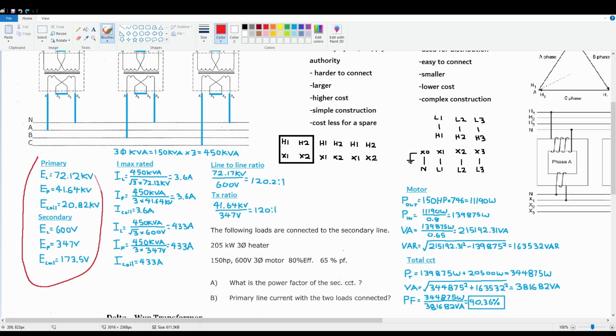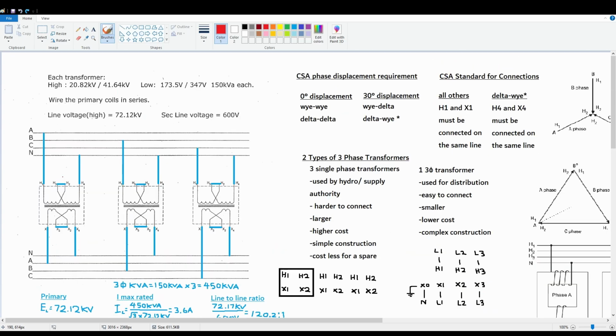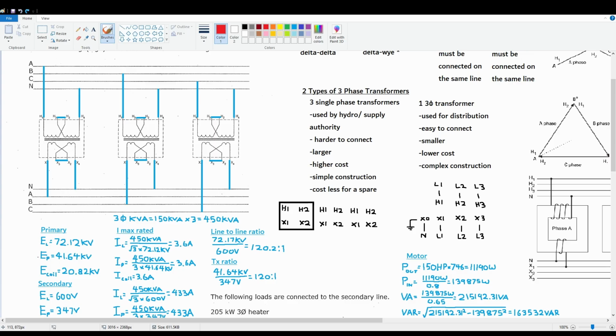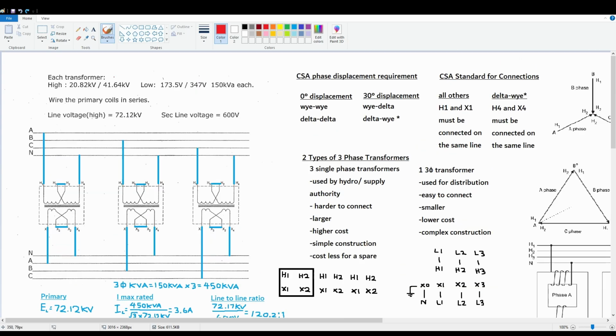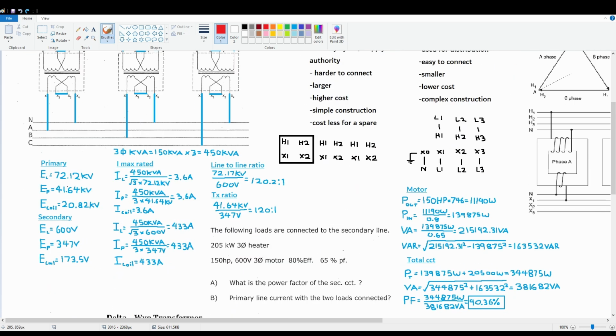Now we can just go over here. Primary line voltage, already said here, it's going to be 72 kilovolts. Our phase voltage is going to be what we selected here. So we connect it in series, so we're going to get a phase voltage of 41 kilovolts, and each coil will be rated 20 kilovolts.